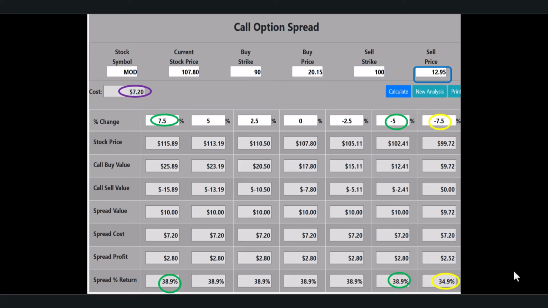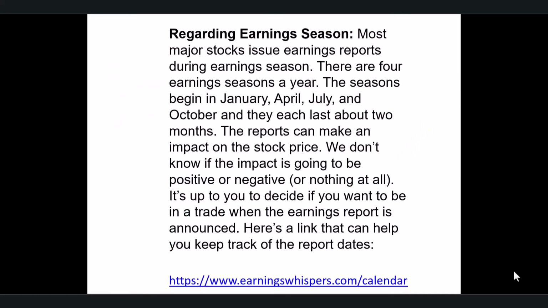Creating the debit spread will allow us to collect a $1,295 cash credit to our brokerage account for the sale of the 100 call. As we said on the previous slide, this reduces the cost of entering the spread to $720. Here is a note regarding earnings reports. The next MOD earnings report is scheduled for August 20, a few days after these options expire.